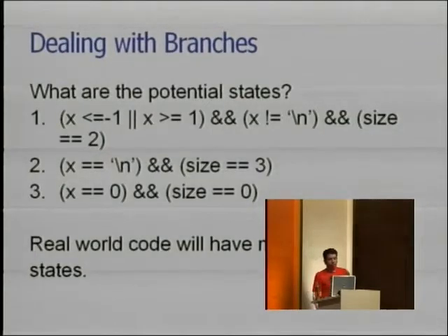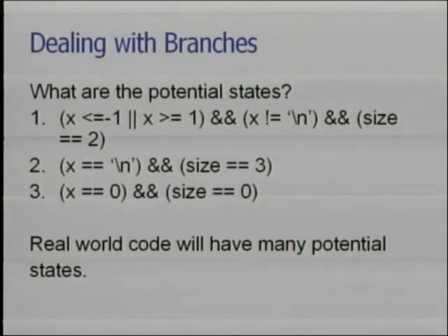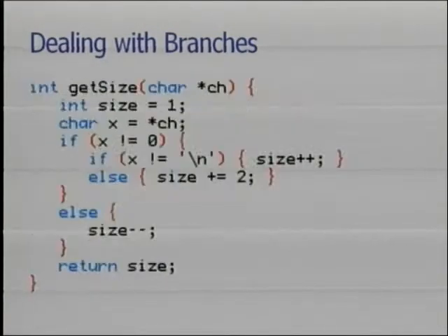So what are all the potential states? Well, the first state is that x is less than or equal to -1, or x is greater than or equal to 1, meaning that x is not 0. It's also that x is not equal to a new line, and that would make size equal to 2. That's taking the first block and then taking the else.